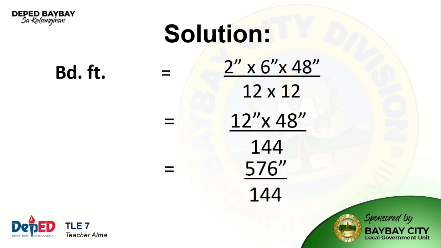Now 12 times 48 is equal to 576. Then copy the number 144 as its divisor. For the final part, let us divide 576 by 144 for a total of 4 board feet. So the correct answer is 4 board feet.